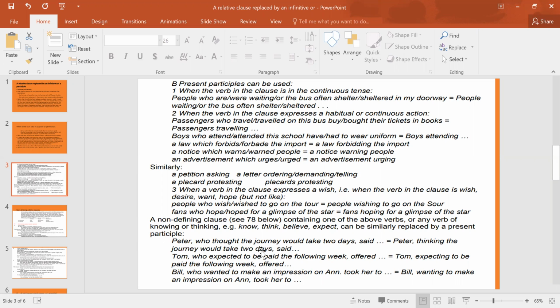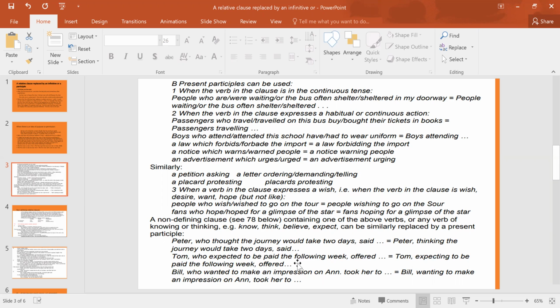People who thought the journey would take 2 days said, dot dot dot. You can write it in this way: Peter, thinking the journey would take 2 days, said. All right. You can also write it like this: Peter, who thought the journey would take 2 days, said. Peter, thinking the journey would take 2 days, said. Right.